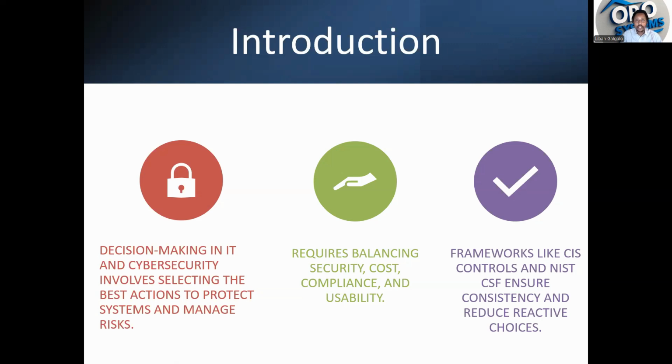Different stakeholders should be involved in what type of framework to use and what the cost will be, and that should be discussed by the management team. Frameworks like the CIS Controls and the NIST Cybersecurity Framework ensure consistency and reduce reactive choices. So instead of just hoping nothing happens, it's better to act first. That's why it's better to choose the right framework.